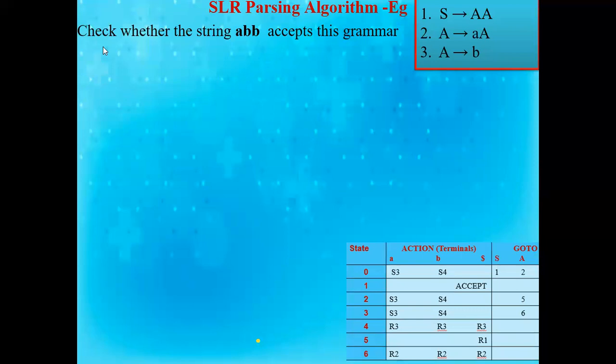The same grammar is given, S gives A, A gives AB, and A gives B, and the SLR parsing table is also given. With the help of the parsing algorithm, we need to check whether this grammar will accept this string or not.